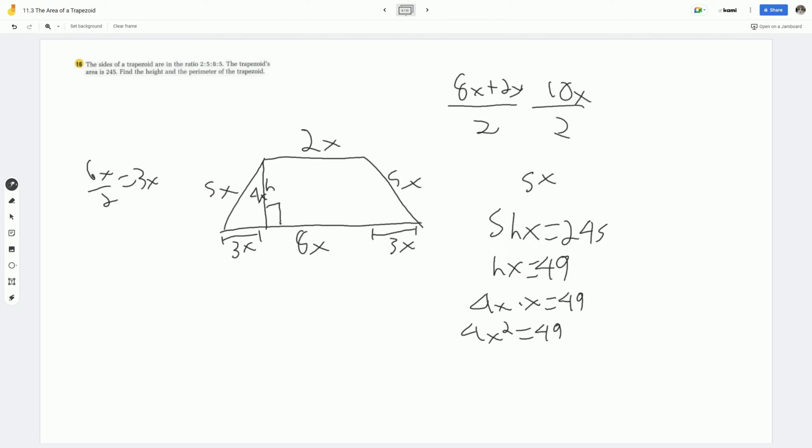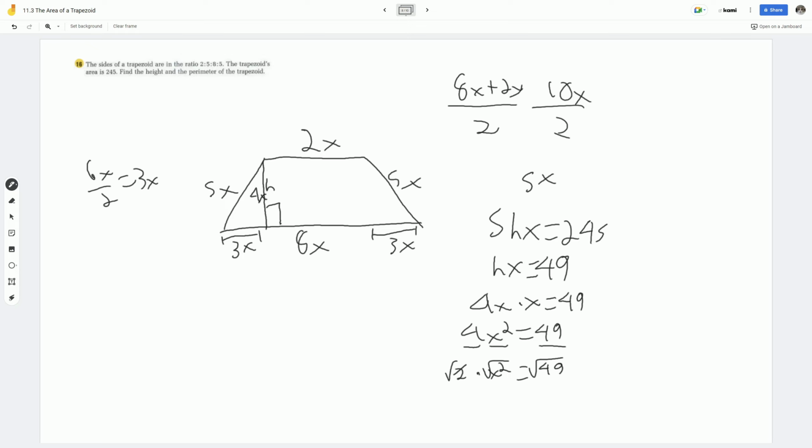Now, this number right here and this number right here are both squares. And so is this number right here and this number right here and this number right here. All of these are squares. What we can do is square root both sides. Now, when we square root something like this, we need to square root both of the numbers. So it's the square root of 4 times the square root of x squared is equal to the square root of 49.